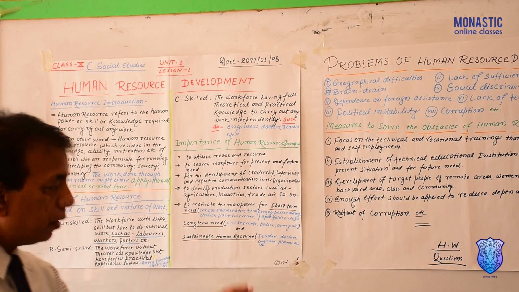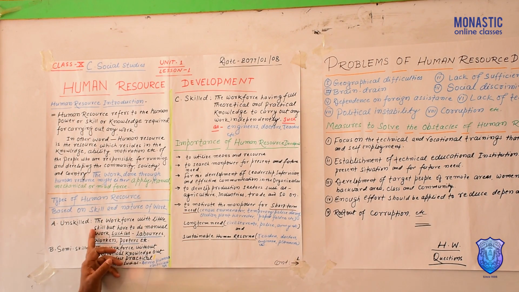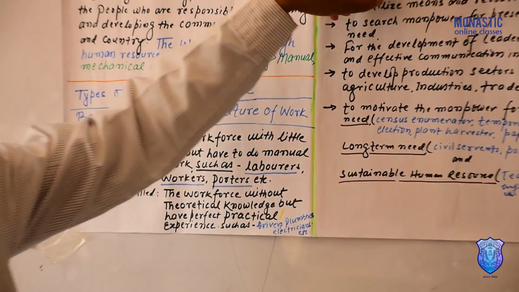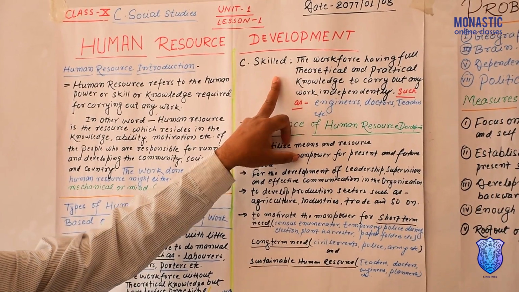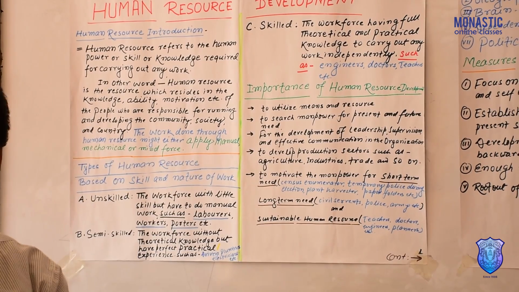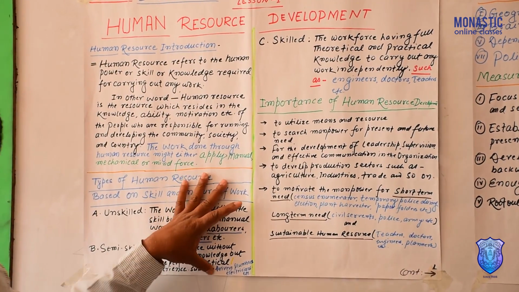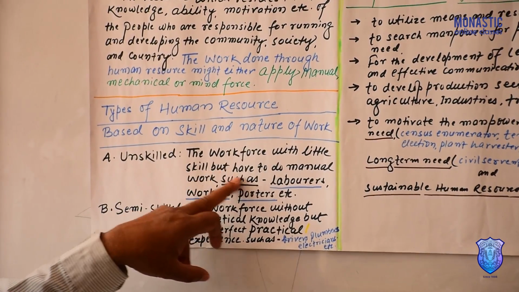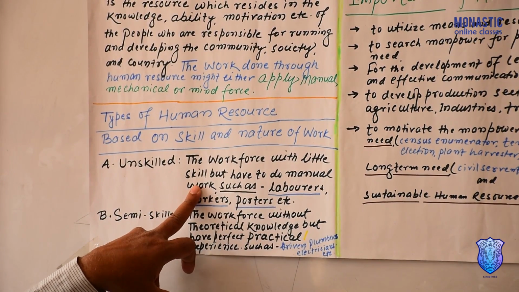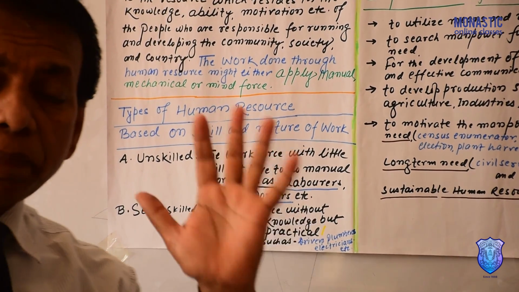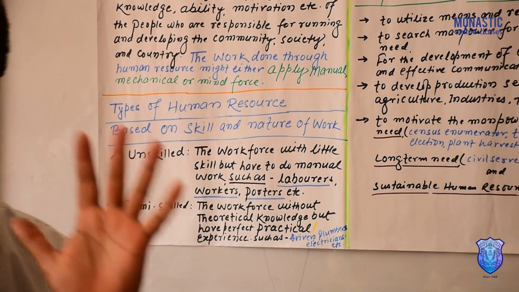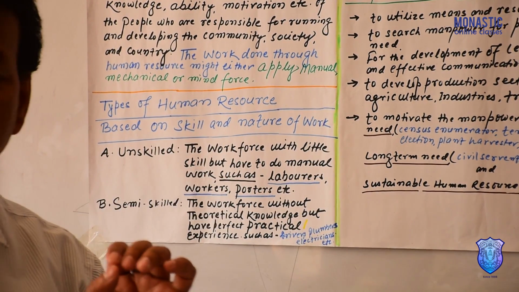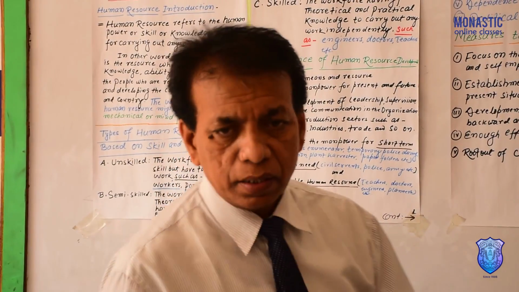Here you can see I have mentioned 3 points: unskilled, semi-skilled, and skilled manpower. You can note down from this vertical point. The workforce with little skill but who have to do manual work. Such manpower has little skill and no more knowledge.